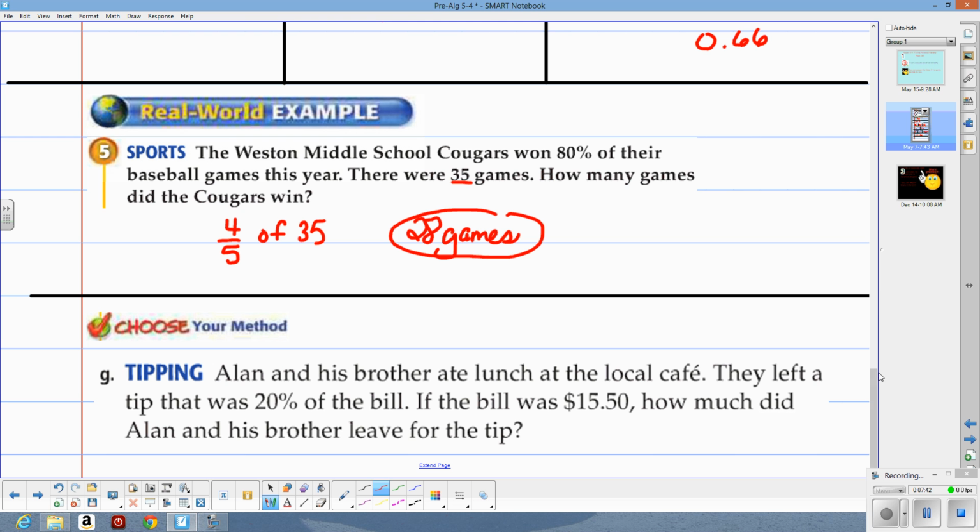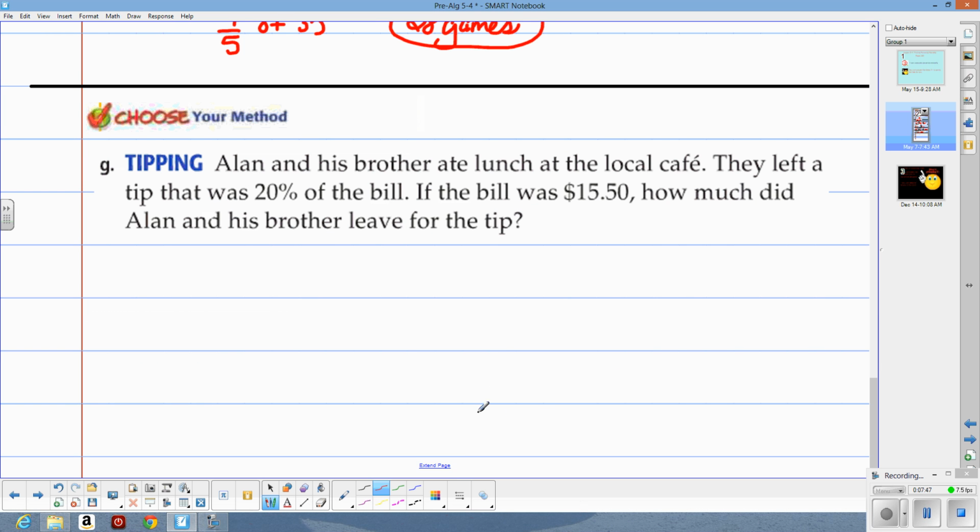Last example, you may want to try that one on your own. Alan and his brother ate lunch at the local cafe. They left a tip that was 20% of the bill. If the bill was $15.50, how much did Alan and his brother leave for the tip? Well, 20% is 20 out of 100, or 1/5. 1/5 of the bill, and the bill was $15.50, so 1/5 of $15.50.